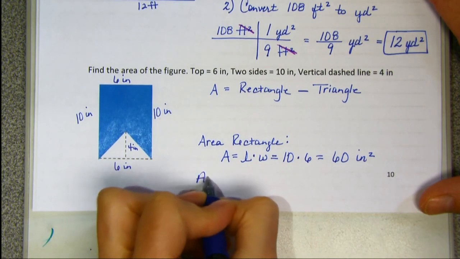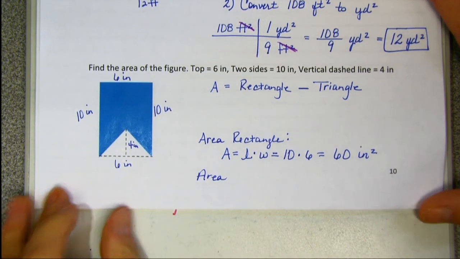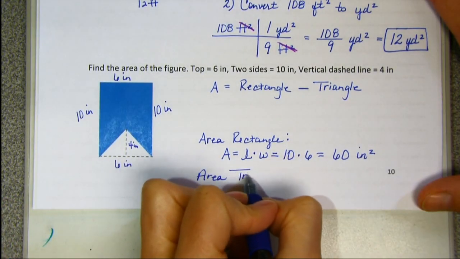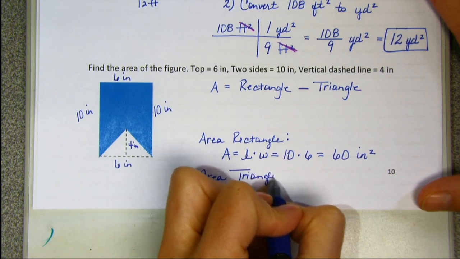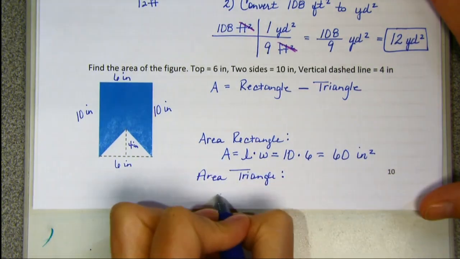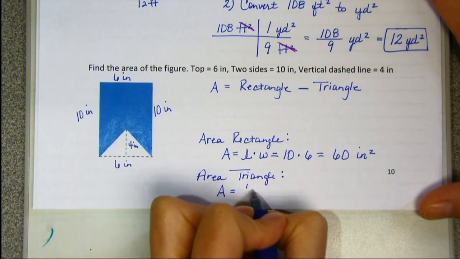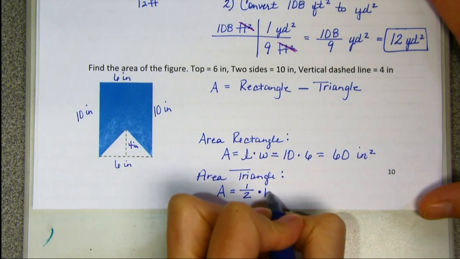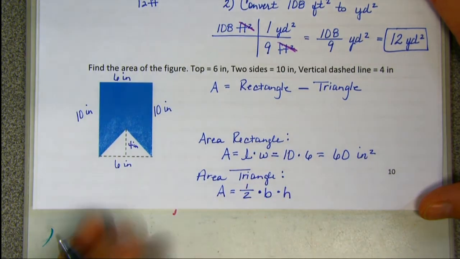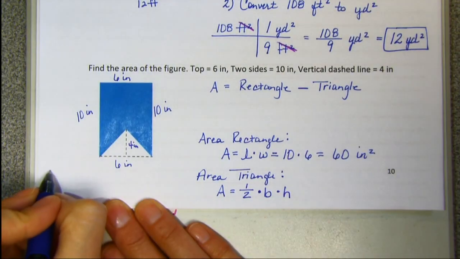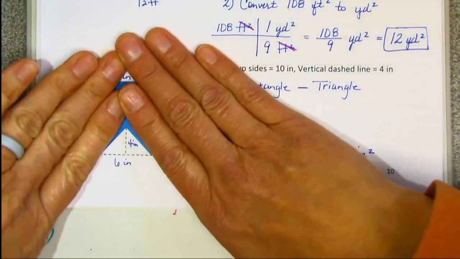Now I'm going to find the area of the triangle. And that formula is 1/2 times base times height. So I look over here and I'm only looking at this triangle.